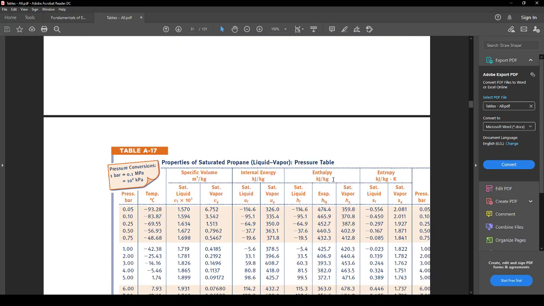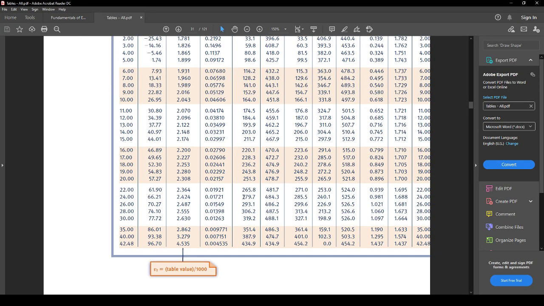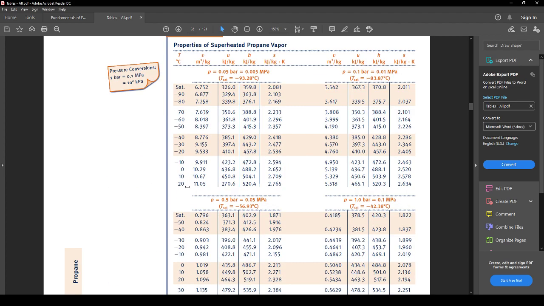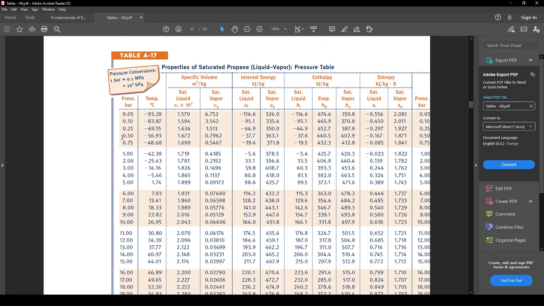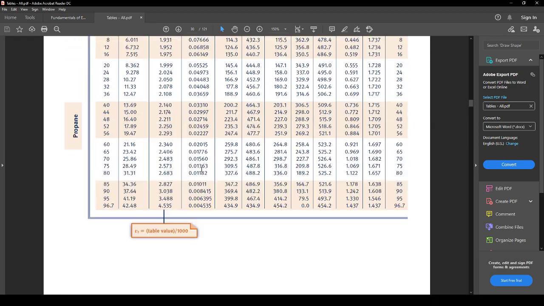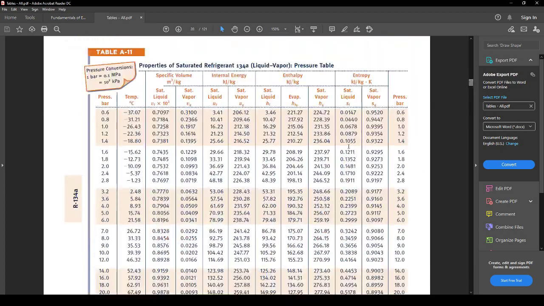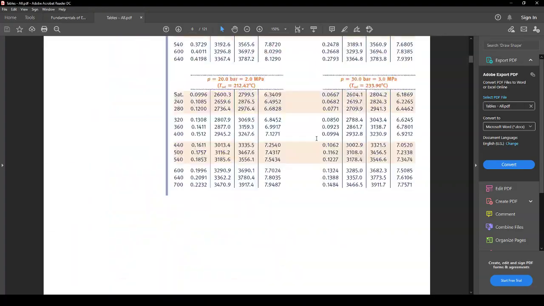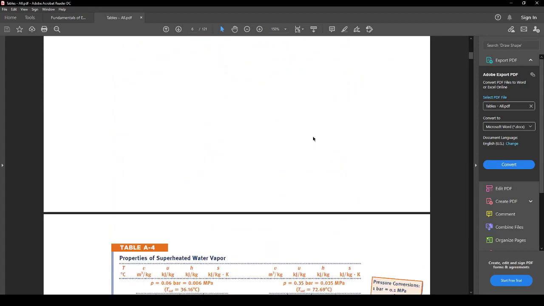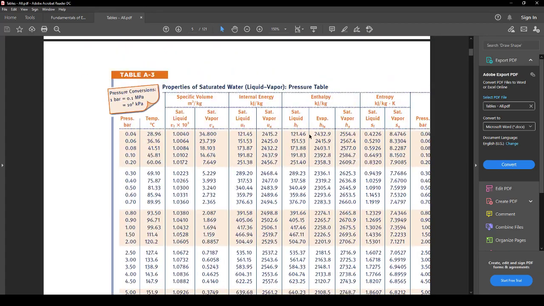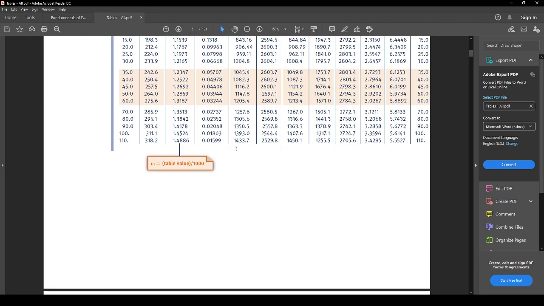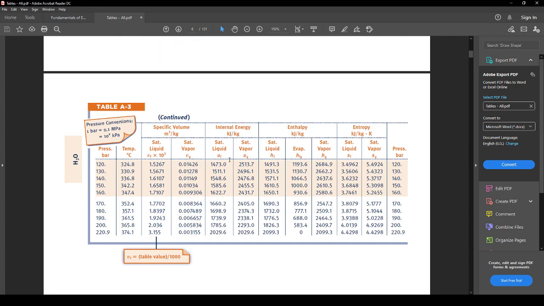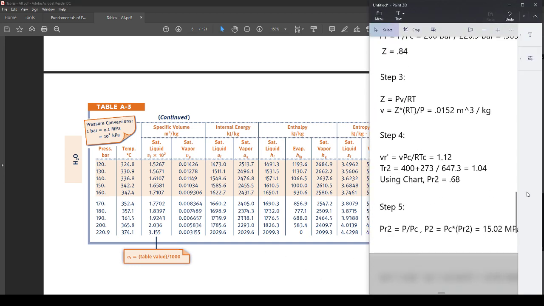And we have to go to the superheated water tables because they already told us it's superheated, but you could figure that out for yourself by using the tables here. Oh, this is propane. We're not even in the right one yet. All right, 134A, and a little further up. So they told us it was superheated, which I don't remember what our value was, wasn't it 20 megapascals was our first value?